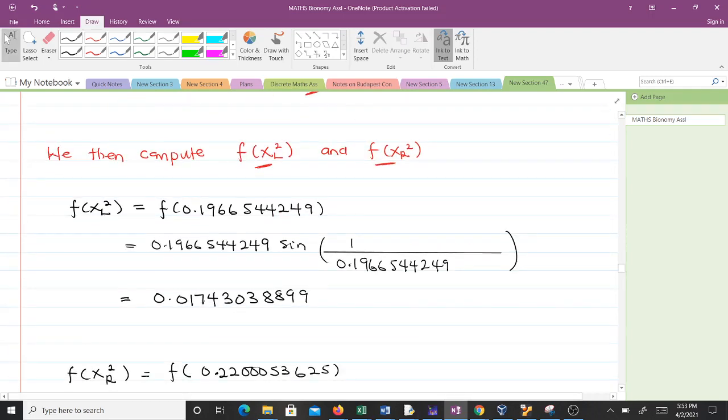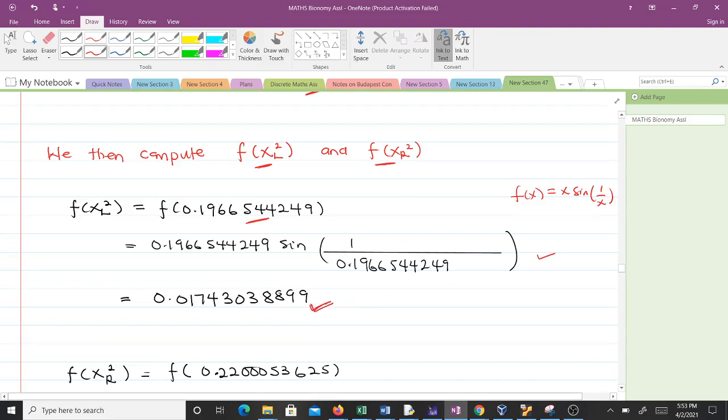So computing f of xl at the second iteration is the same as f of 0.19665444249. From the objective function, f of x equals x sine 1 over x, wherever you find x, we put this there, and computing this will give us what we can see here.